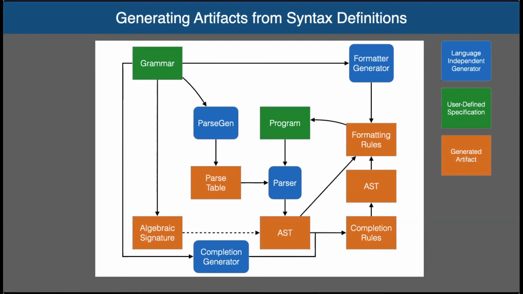So based on so-called layout constraints, you can define that certain elements should be aligned, or that certain elements should have an offside rule, so it should be to the right of the predecessor. We also do support user-definable priority in the sense of Haskell and ML.